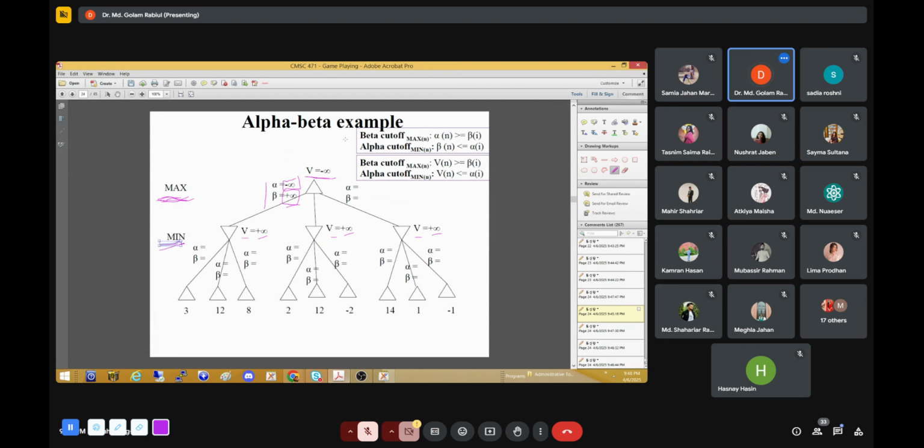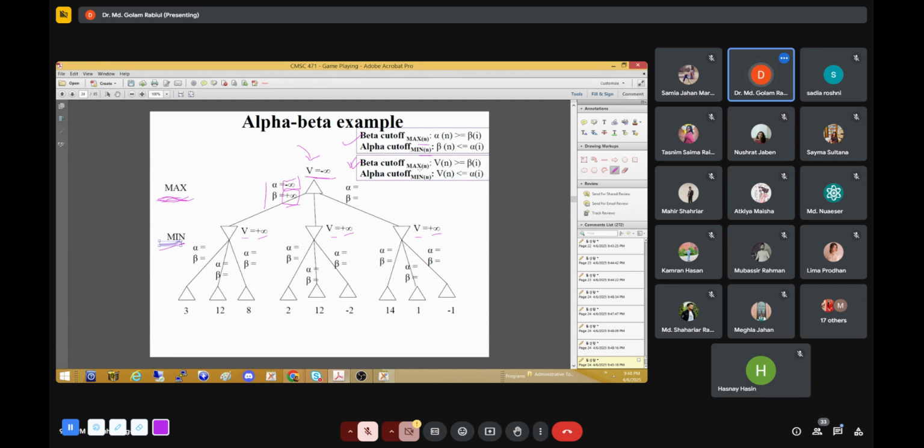We can test this condition, that is alpha of n greater than or equal to beta of I for the beta cutoff at max node, and alpha cutoff in min node, the beta of n less than or equal to alpha. Okay, or we can consider testing the v value with the beta and alpha, like here.